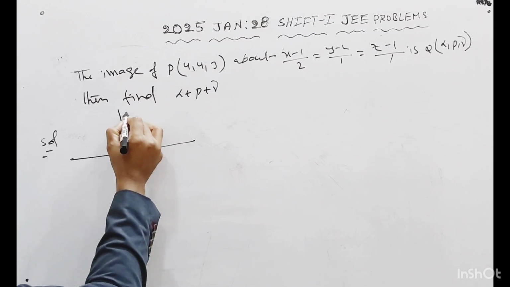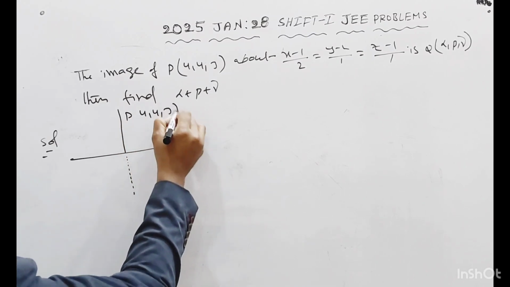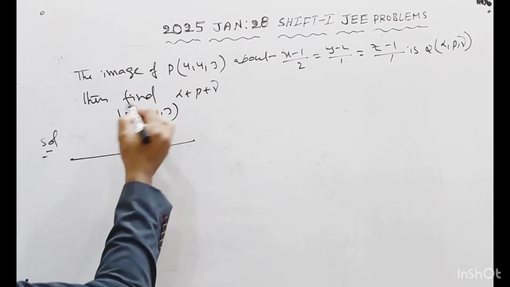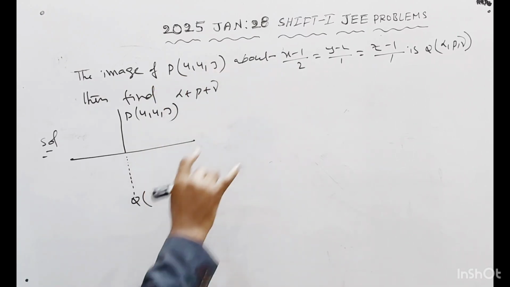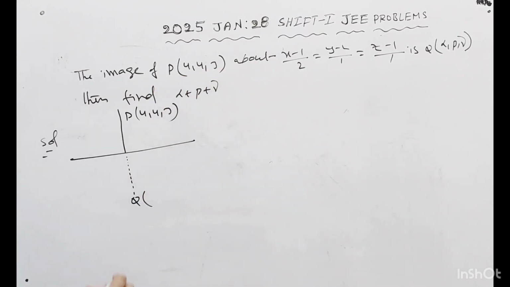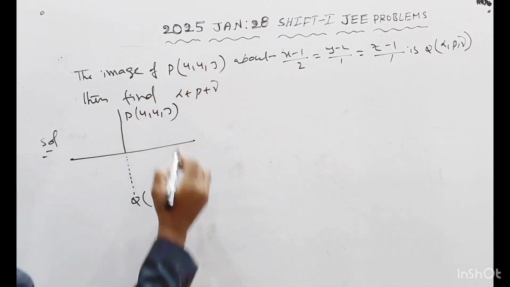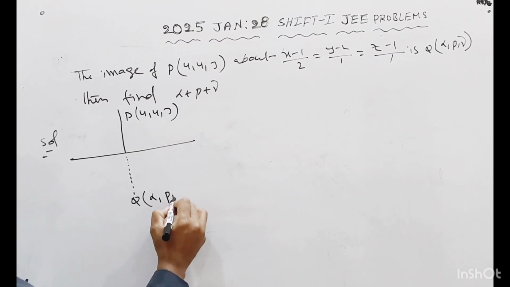So here P point is given as 4 comma 4 comma 3, and Q is the image of the point P with respect to this line. Okay, so here Q point is the image of P point, that's why this is alpha, beta, gamma.